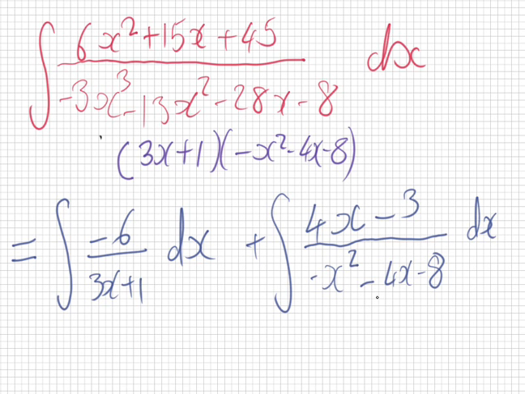Okay. Now, listen. Just to clean up the fraction on the right, I'll multiply the numerator and the denominator by minus 1. Because I don't like all the minuses in the denominator. It would be much easier for me if I put a minus on the top and the bottom.